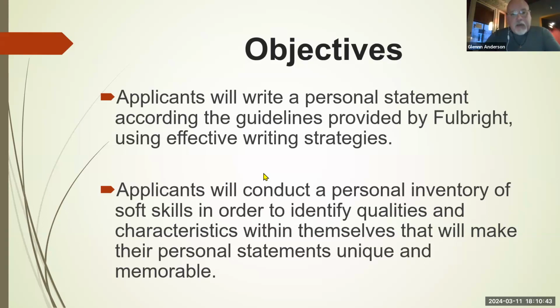That's the first thing we want to do, is look at what do they want, using effective writing strategies. And then also the second part, this one's a little bit different. Applicants will conduct a personal inventory of soft skills in order to identify qualities and characteristics within themselves that will make their personal statements unique and memorable.